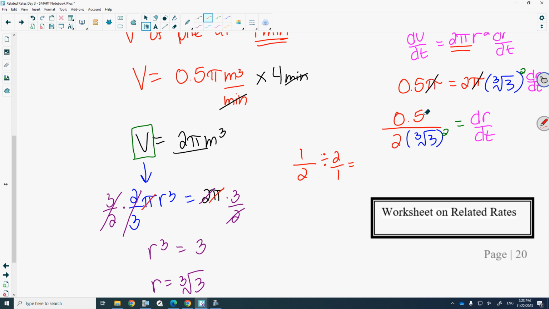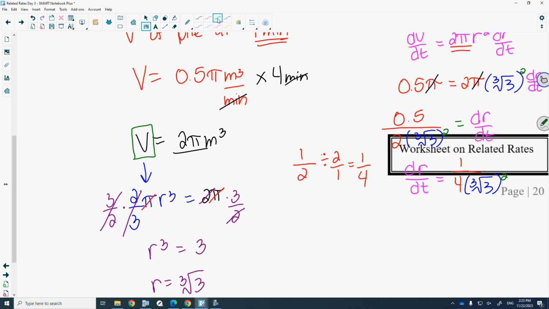You're going to multiply by the reciprocal. So this can be cleaned up to be 1/4. So the rate at which the radius is changing with respect to time is 1/4 over the third root of 3 squared, in meters per minute.